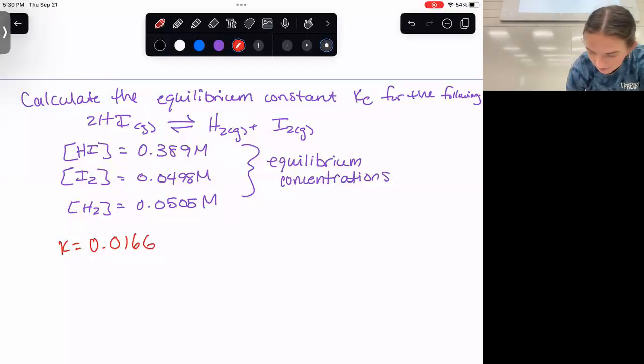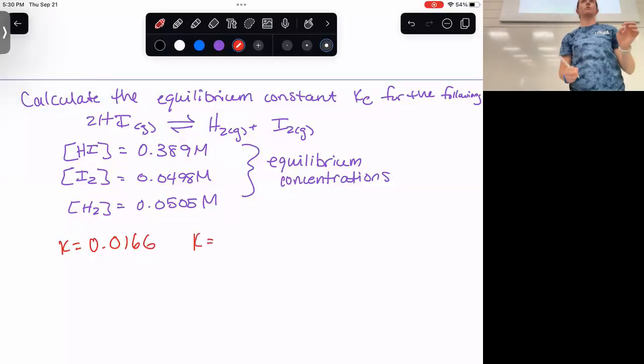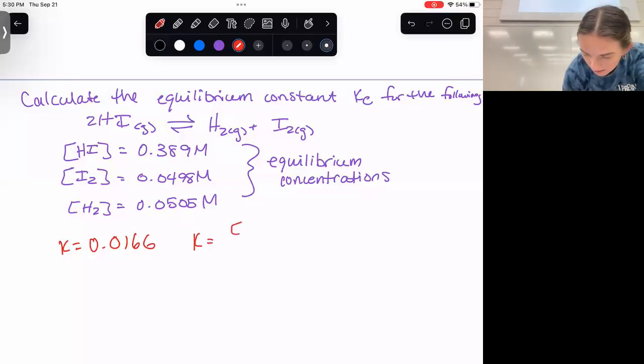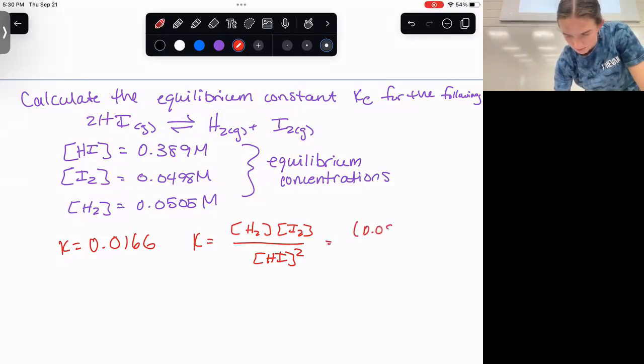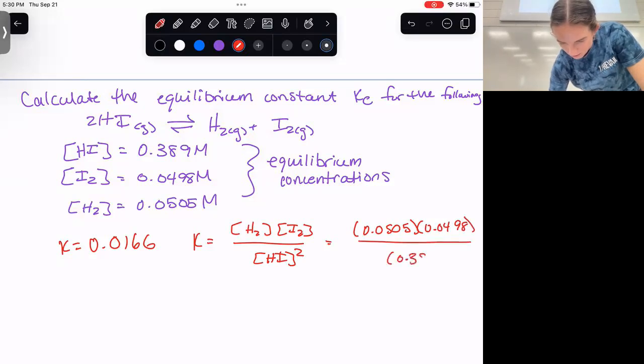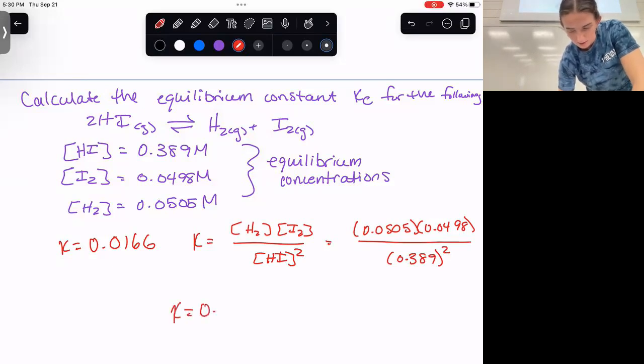Right, so our K here is different from what we just did. It's the inverse of what we talked about earlier. So this would be H2 times I2 over HI squared. Then we plug in the equilibrium values that we know, and K equals 0.0166.